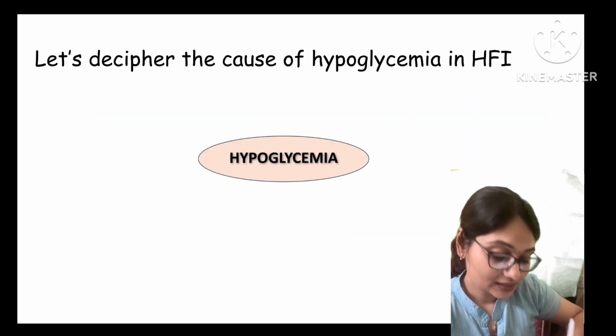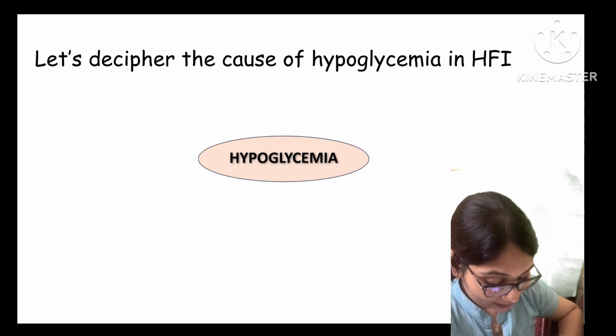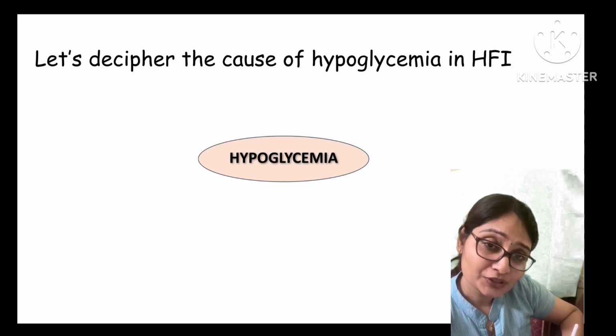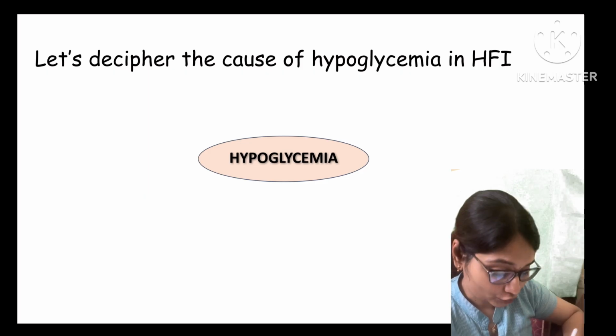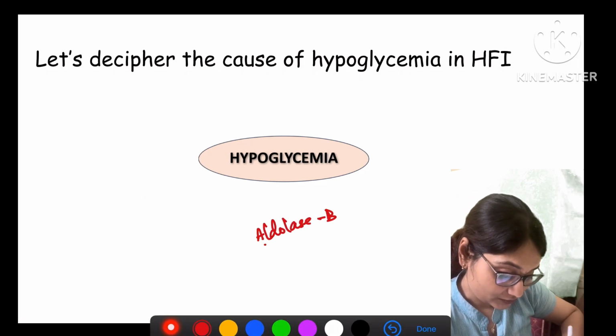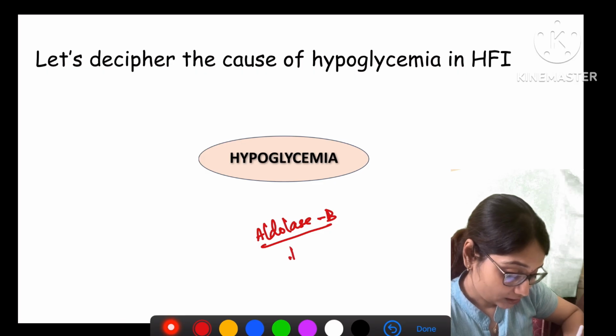Okay, so now let's see the cause of hypoglycemia. That is because, as I told you, the enzyme that is deficient in hereditary fructose intolerance is aldolase B. Because aldolase B is deficient, the thing that was accumulating was fructose 1-phosphate.